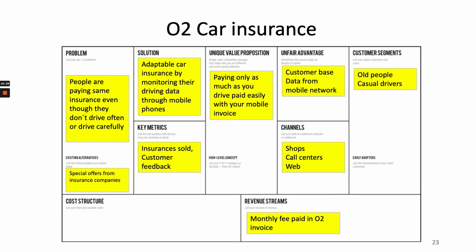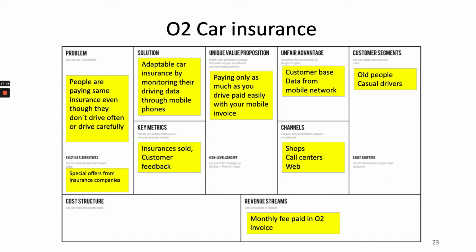And we would like to sell this solution through our shops, call centers, and on the website. This fee would be paid monthly in the O2 invoice, and we would like to measure it by how many insurances were sold, and customer feedback.